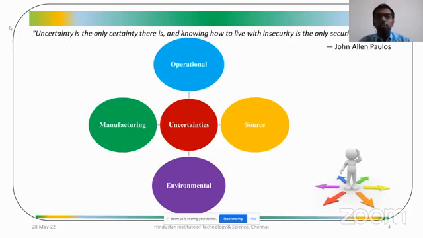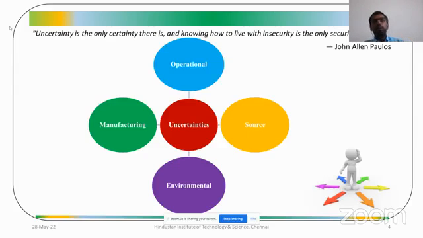Uncertainty is one of the certainties there is, and knowing how to live with insecurity is one of the securities, as a great scientist, John Allen Paulos, said. There are four types of uncertainty: operational uncertainty, environmental uncertainty, manufacturing uncertainty, and source uncertainty.